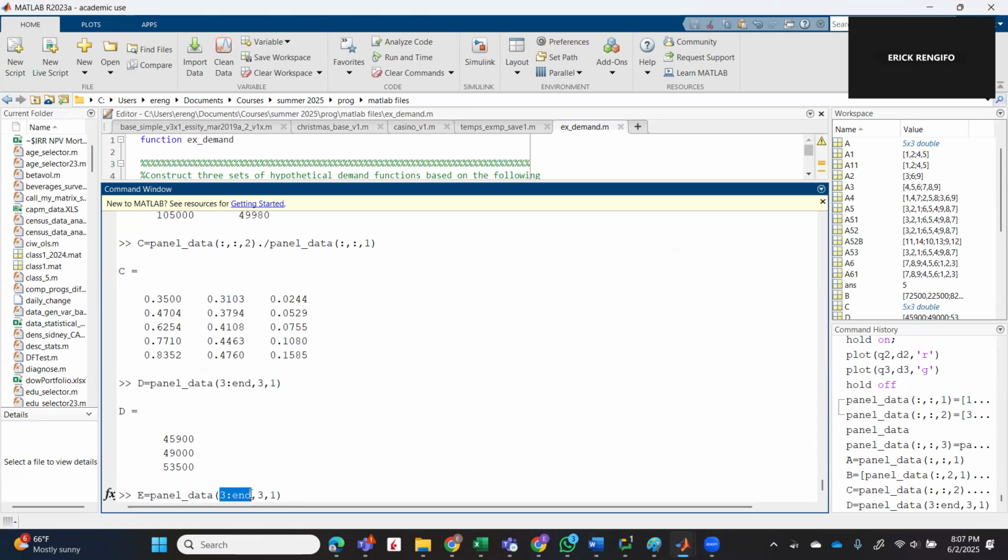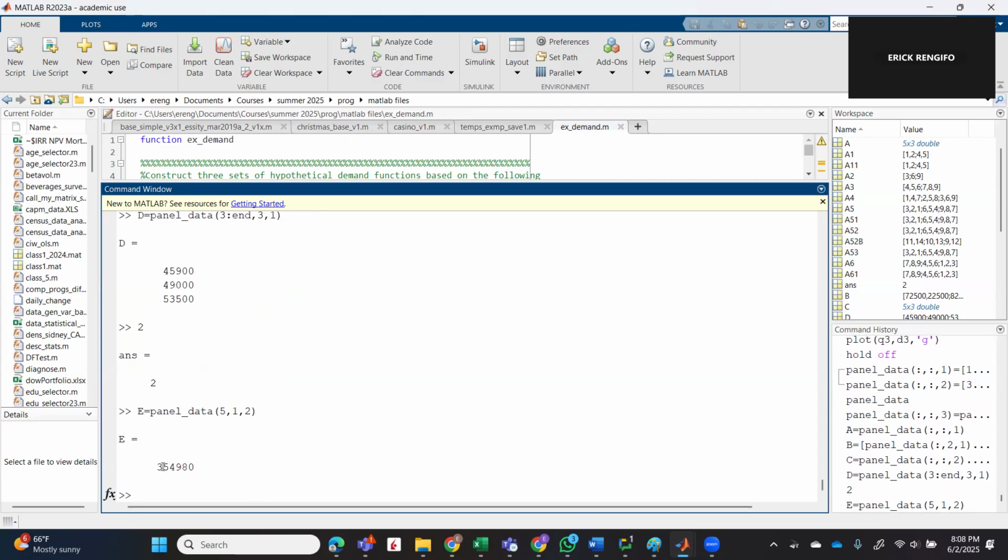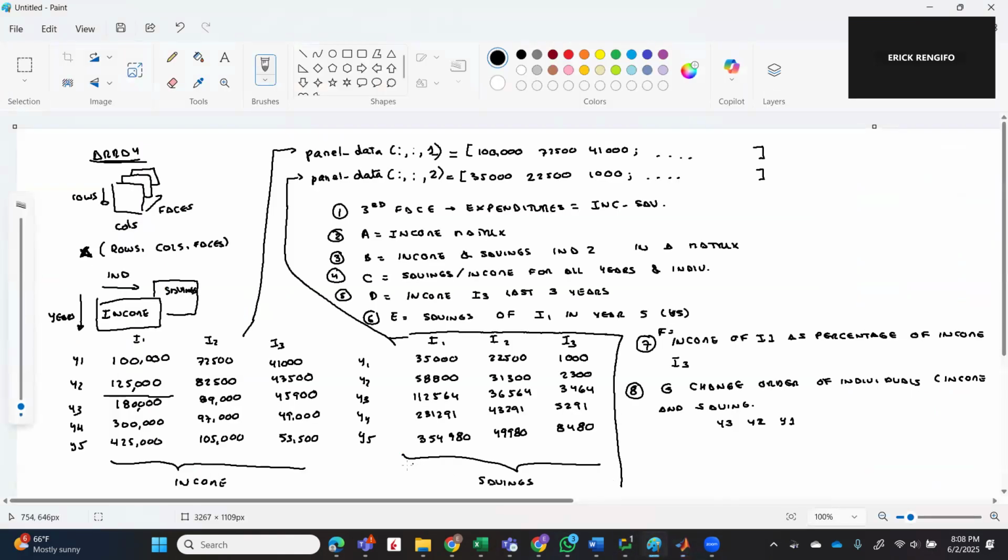What do I write in every position? 5, 1, 2. Yeah. Okay, 5 is the last year, the last row. 1 is individual number 1, columns represent individuals, and 2 is savings. Make sense to you guys? Oops, what happened? My savings are 354,980. We can see that. Oh, it was savings, this one here.